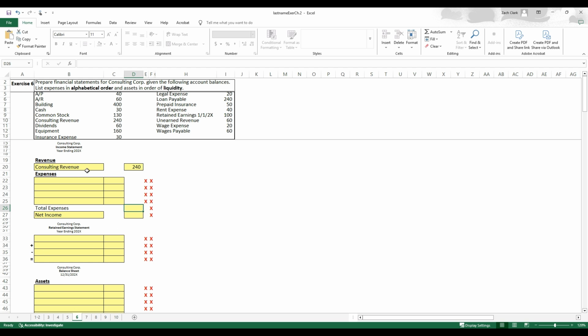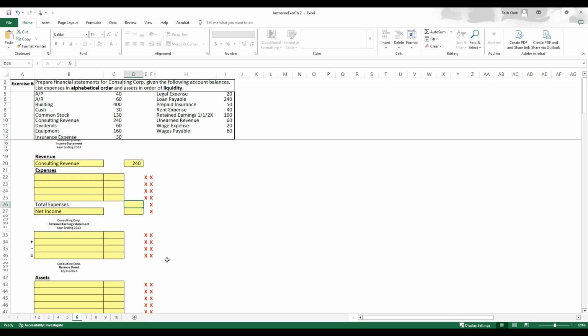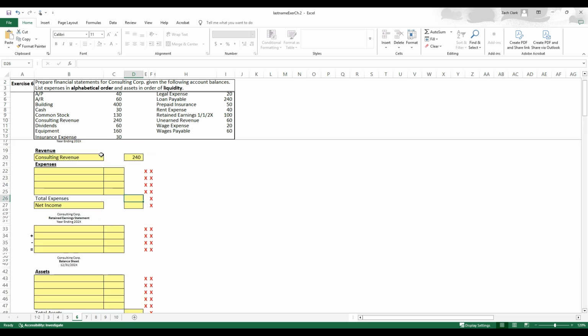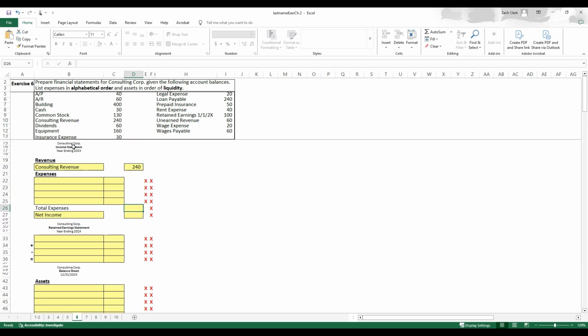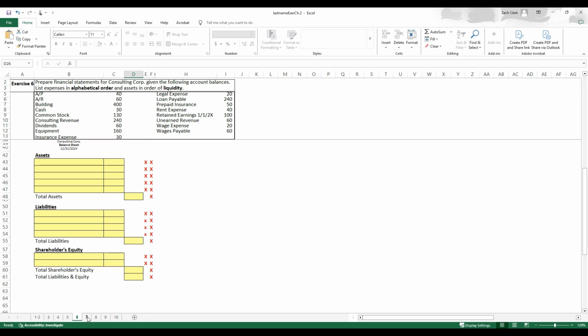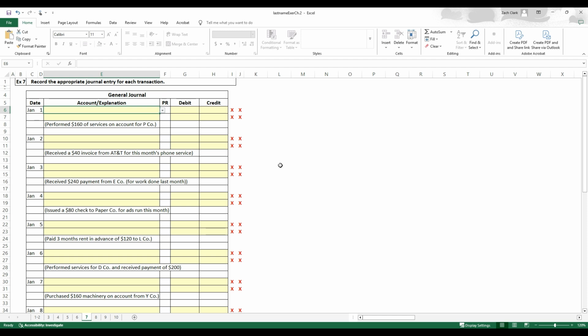So I'll let you refer back to your reference materials in terms of how to prepare these different financial statements: the income statement, the retained earnings statement, and then the balance sheet. I think you all can finish that out, but again, any questions, let me know. I'm going to let you finish filling that portion yourselves.